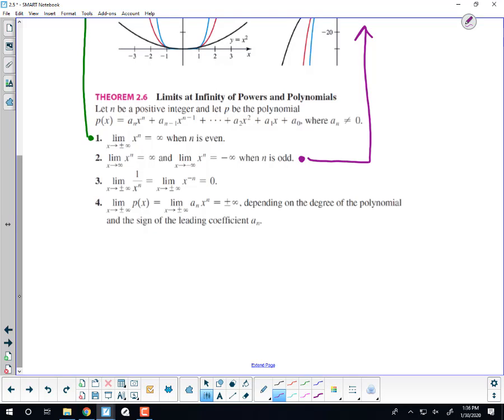And the last one is what we've talked about. The limit at infinity on a polynomial is equivalent to the limit at infinity on the leading term. So all of that stuff we've just talked about is sort of condensed there on that page.